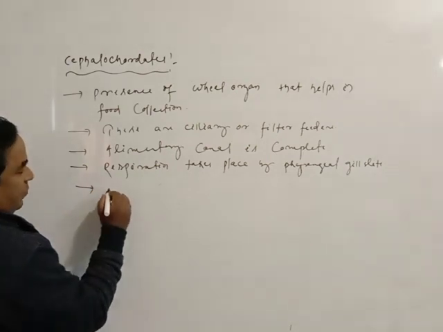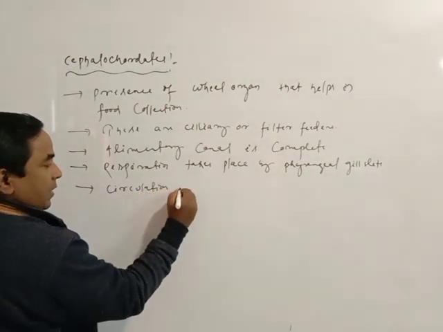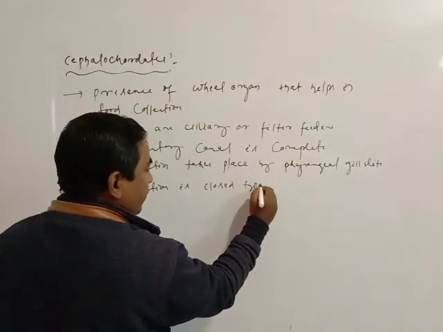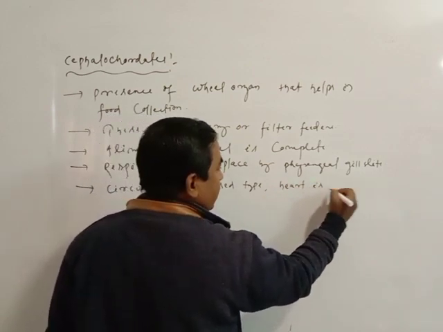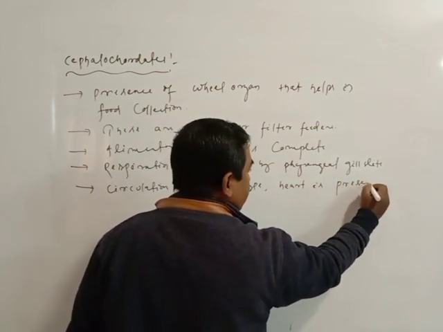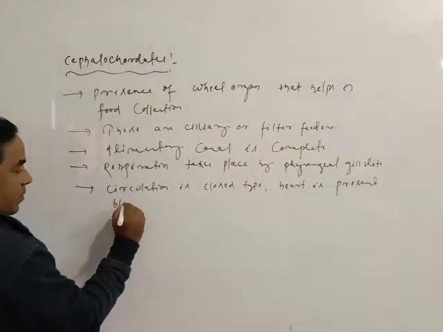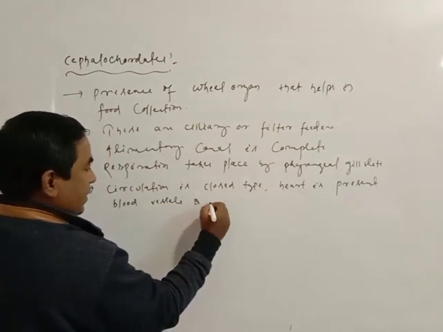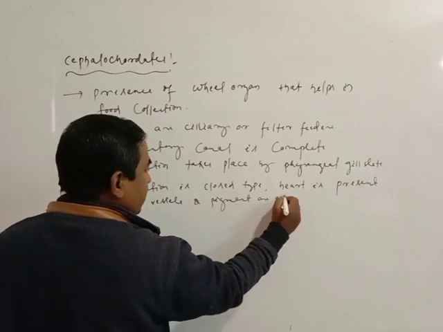Next, circulation is closed type. Heart is absent. Blood vessels are present, and pigments are absent.